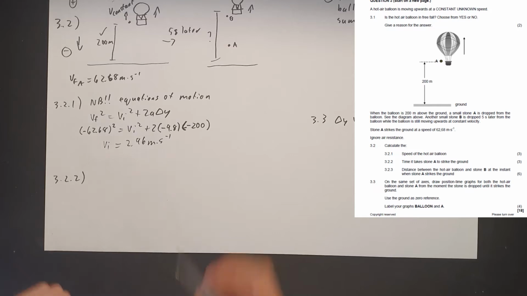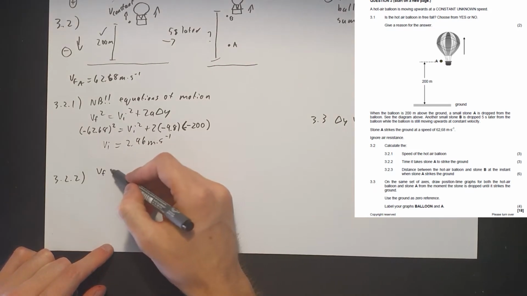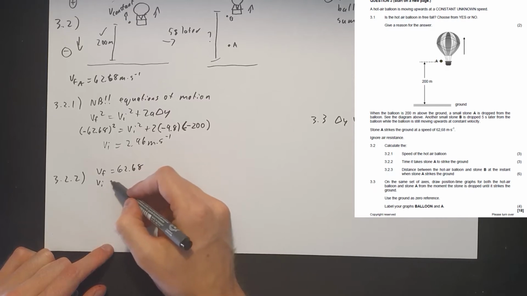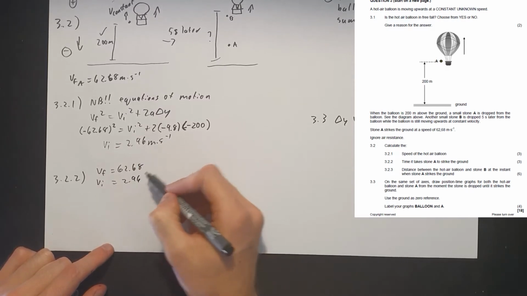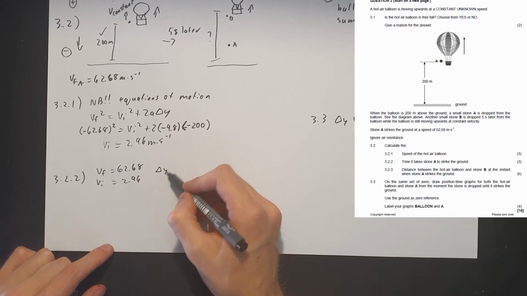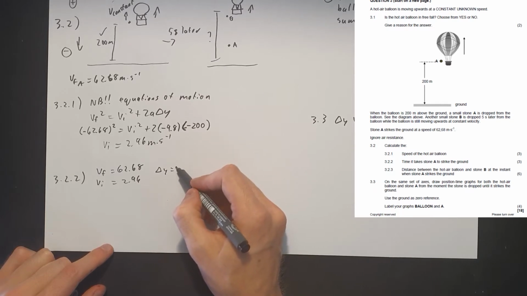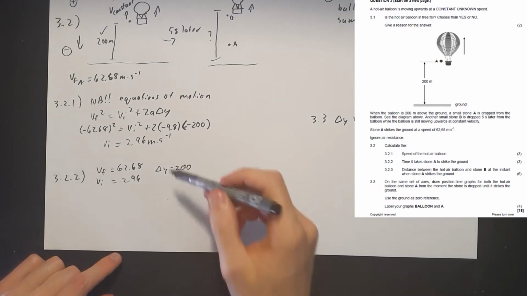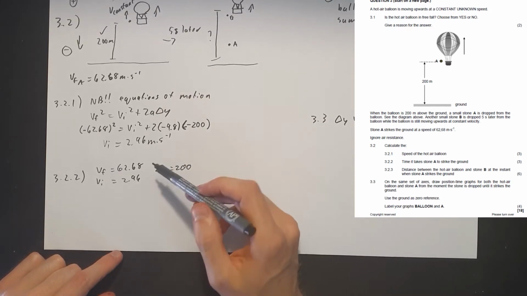Once again we have V final, that's 62.68. We've just calculated V initial, that's 2.96. We have the distance, delta y equals 200 meters. But why aren't we using this 200 meters for this calculation?